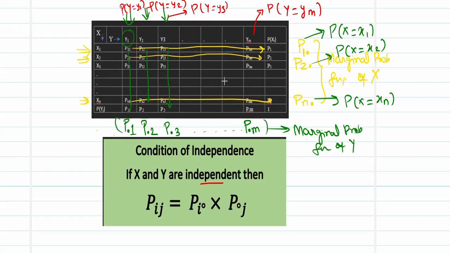Your Pij will be equal to probability of x equal to xi and probability of y equal to yj. So when you take any element inside the matrix and multiply its corresponding marginal probabilities, that will be equal to the element over here. So this is how we define the marginal probability functions of x and of y.